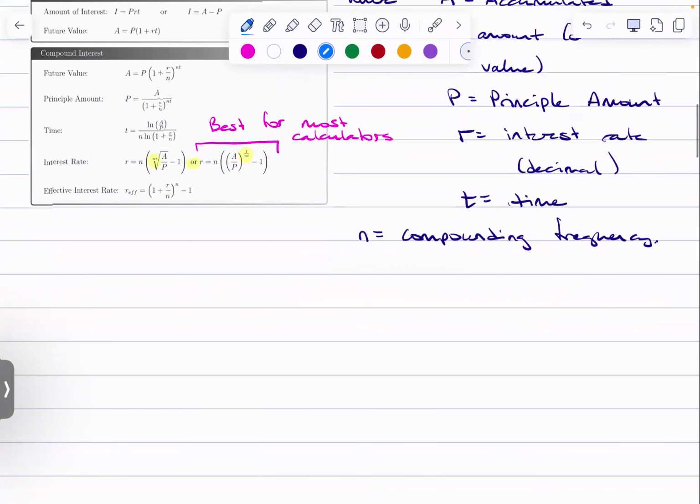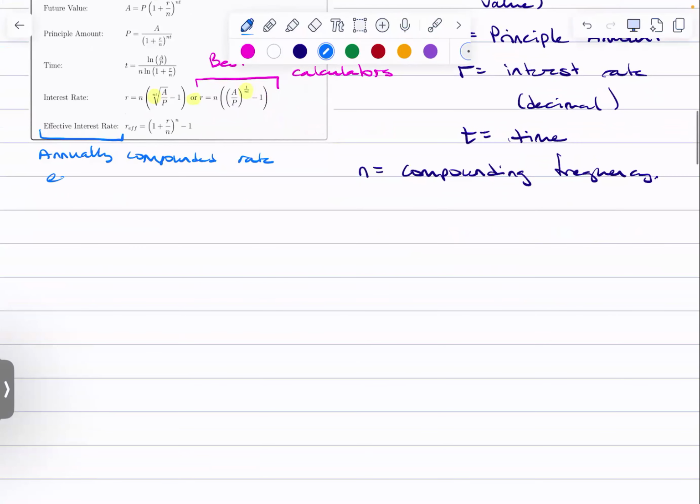So here, it's the annually compounded rate equivalent to R at n compoundings per year. That's from last day.